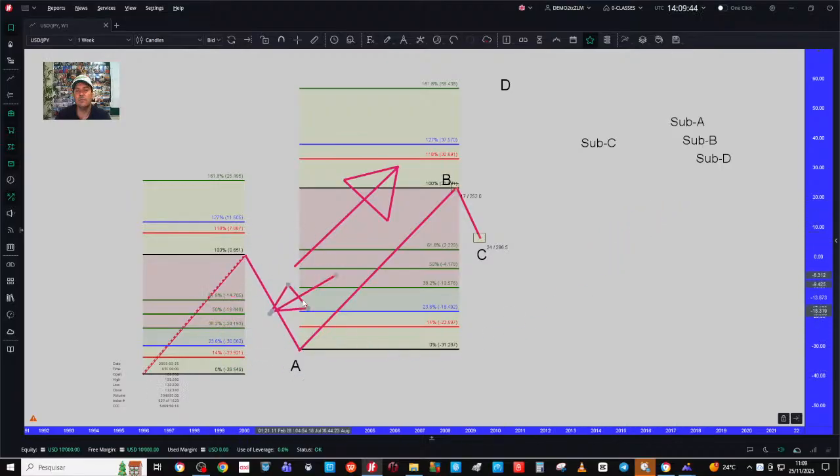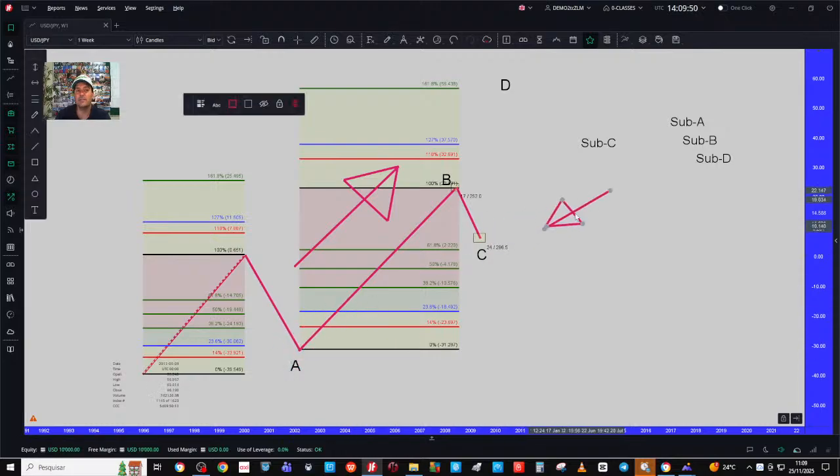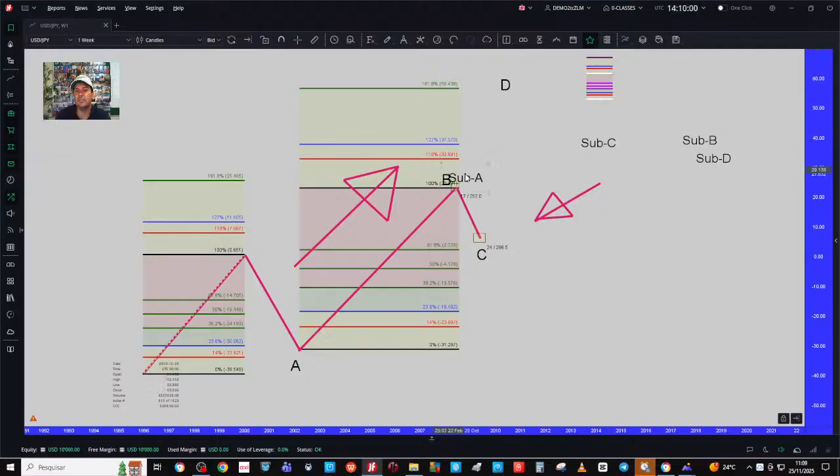In an up Fibonacci sequence, the A is the first low, the absolute low, the starting point of something. In a down Fibonacci, talking about the contrarian, the sub A, everybody, is the first high, the absolute high, the highest high, the starting point of a sequence.